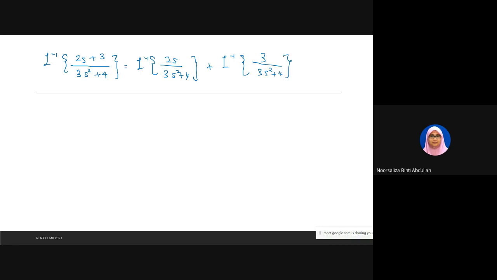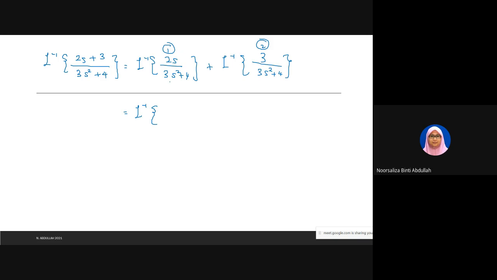inverse Laplace of 2s over (3s kuasa 2 plus 4) plus inverse Laplace of 3 over (3s square plus 4). Okay, you separate these equations to be 1 and 2. Then Laplace inverse. This one you have to make sure this one just s.